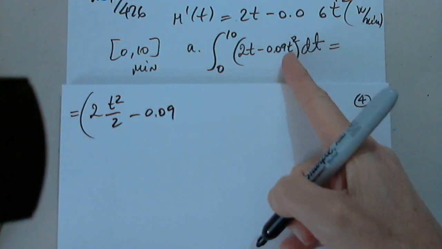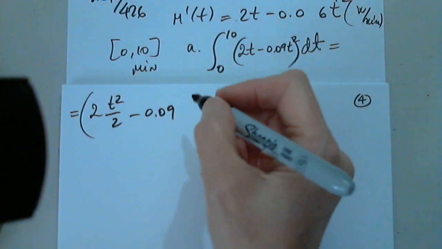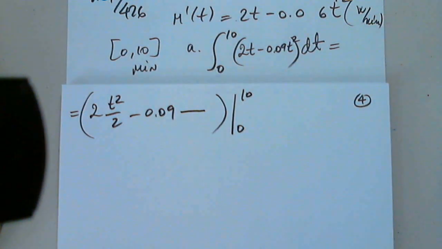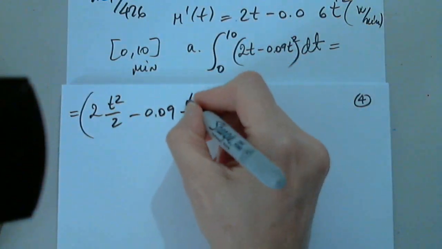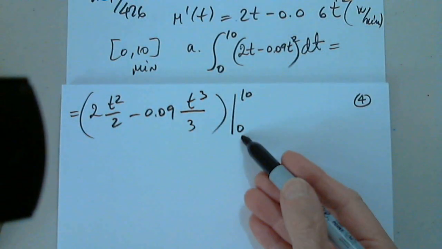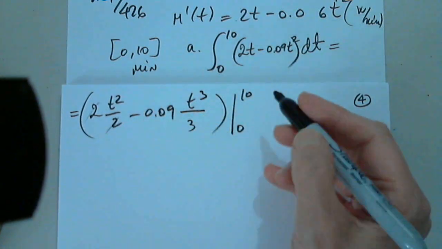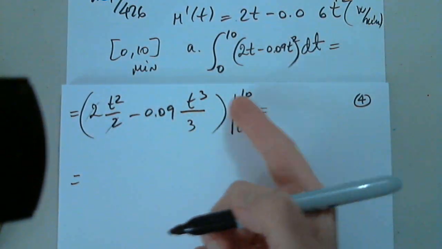Which function prime is t squared? Very good. Luckily, I don't have to plug in 0 because this will be 0 and this will be 0. So I only need to plug in 10.